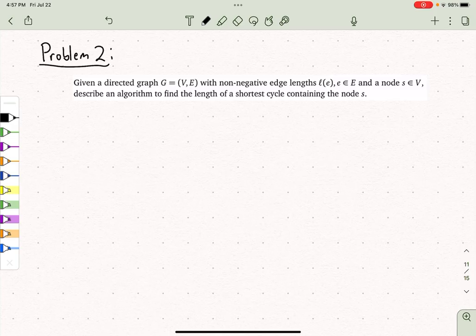So in this example, we're going to just see how we can actually find shortest cycles. And in particular, we're going to use our ability to solve shortest path problems to do this. So what's one easy observation? Well, consider any node S. Then any cycle has to look like this.